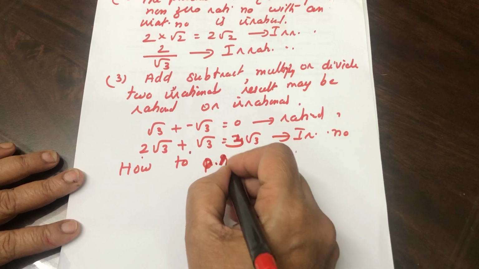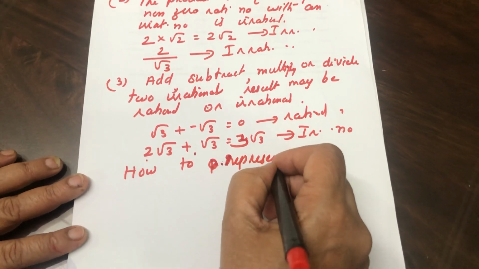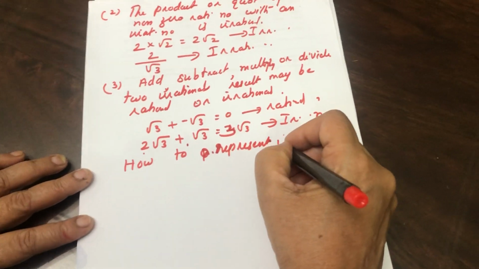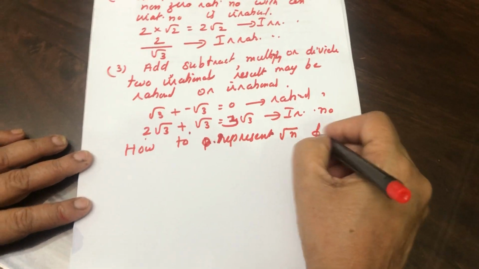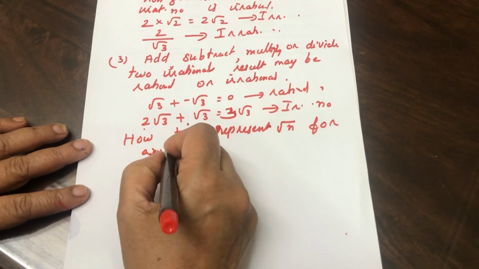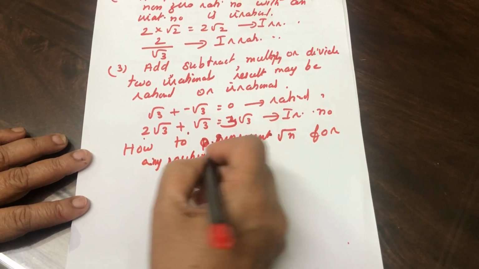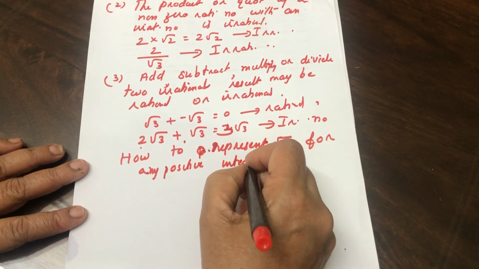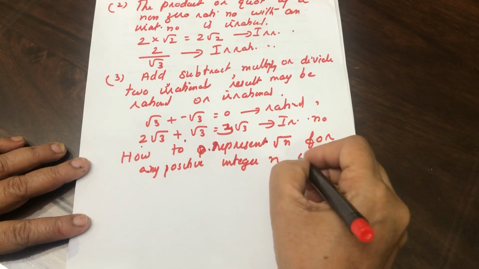Next one, how to represent root n for any positive integer n on the number line.